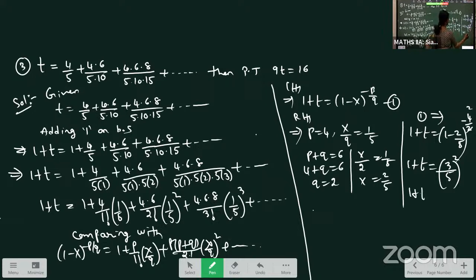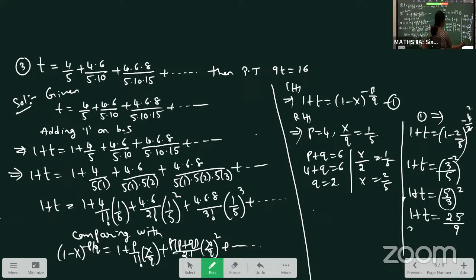So 1 plus t is equal to 3 square is 9 by 5 square is 25, to the power minus 2. To remove the negative power, write the reciprocal, 5 by 3 whole square. So what is left out? One plus t is equal to 25 by 9, because 5 square is 25 and 3 square is 9.